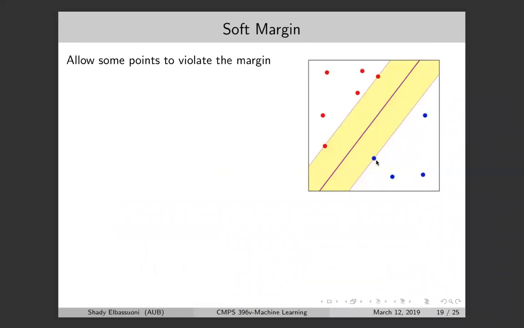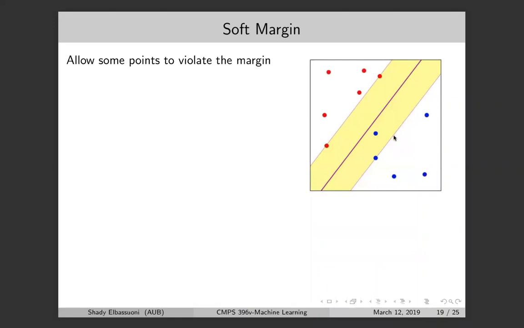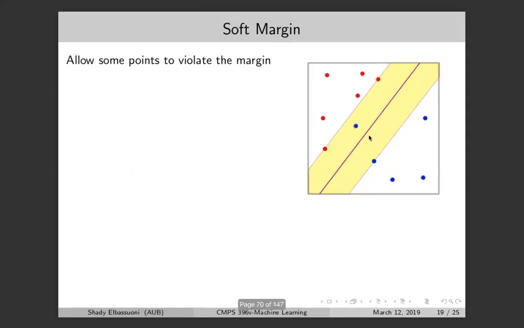So I allow some points to cross this margin, for example this blue point. I allow it to be like this, to cross the margin. So the distance basically becomes not greater than or equal to 1, but less than this. In fact, the point can even cross to the other side completely. Hence, I can accommodate non-linearly separable data.